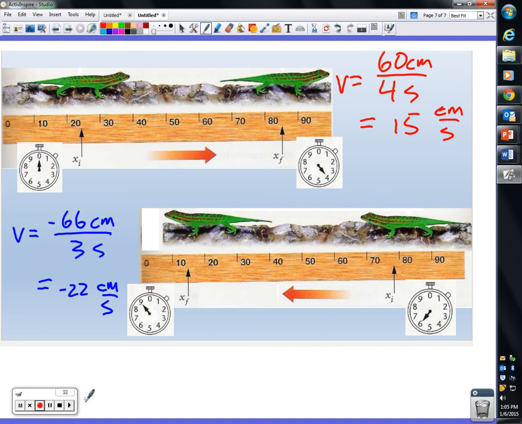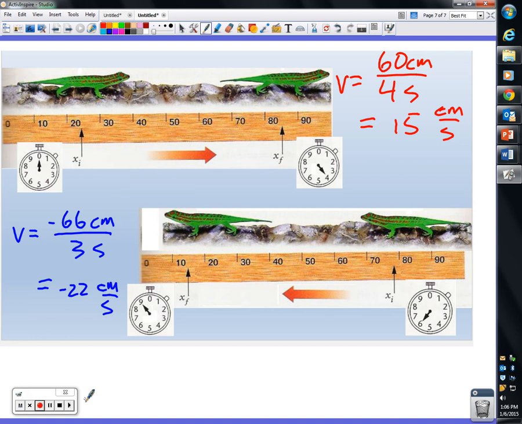Yes, because remember, velocity is a vector. It needs direction on it too. Now, in this case, what in my answer is showing that the two directions are different? The positive and negative are enough to tell one way versus the other way. But remember, the positive and negative only tells us direction.